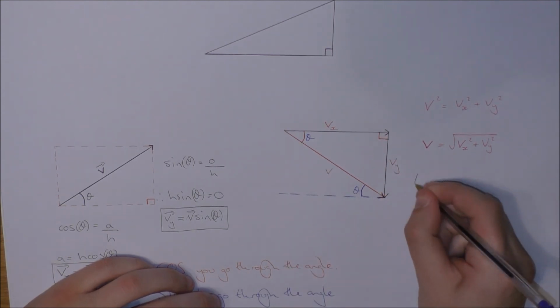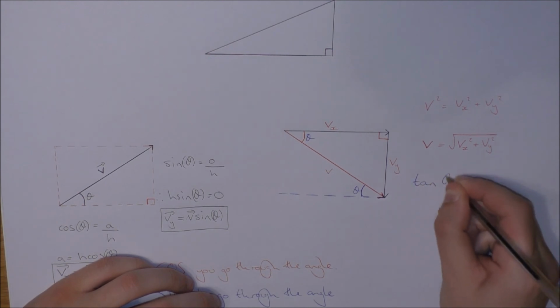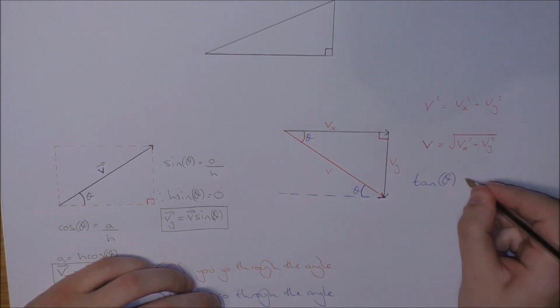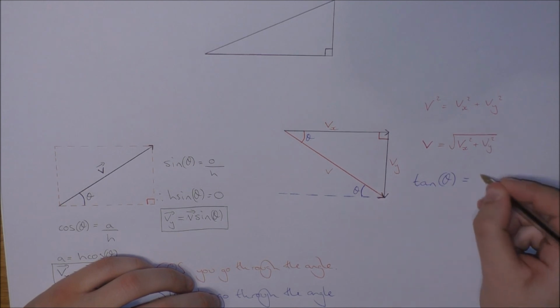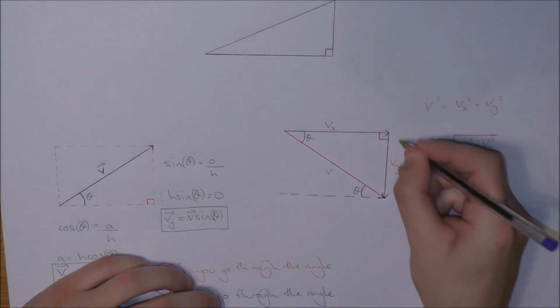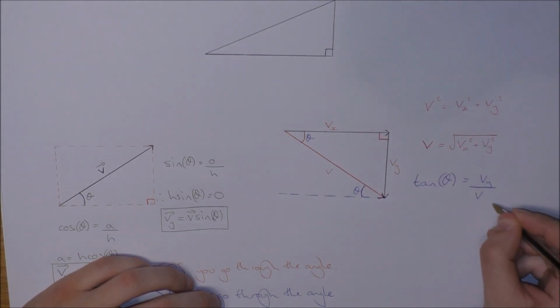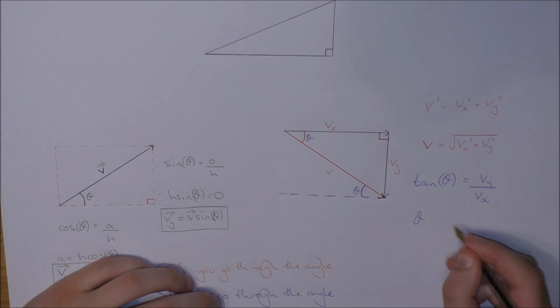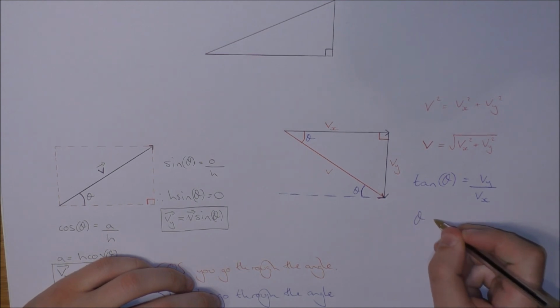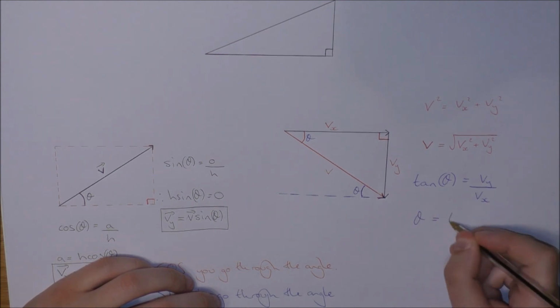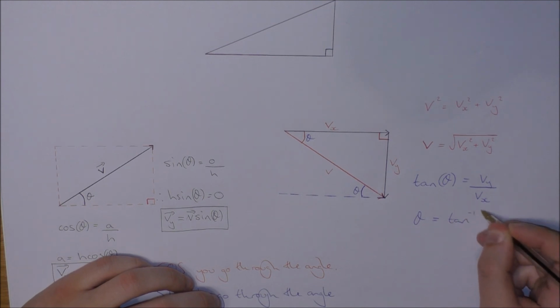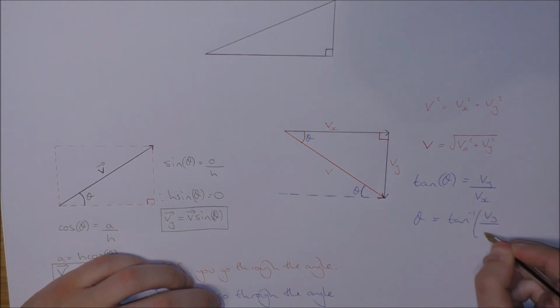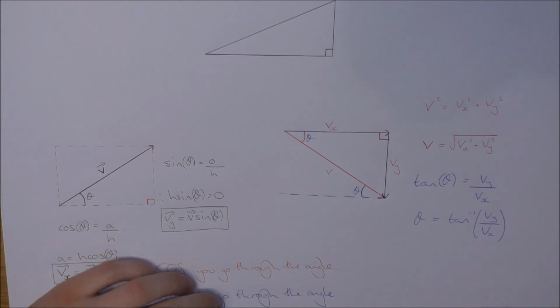The thing that links those two together is tan theta equals the opposite, Vy, over the adjacent, Vx. That's from SOHCAHTOA. So I can say then, with the inverse tan, that theta, the angle that it makes, is inverse tan of Vy over Vx.